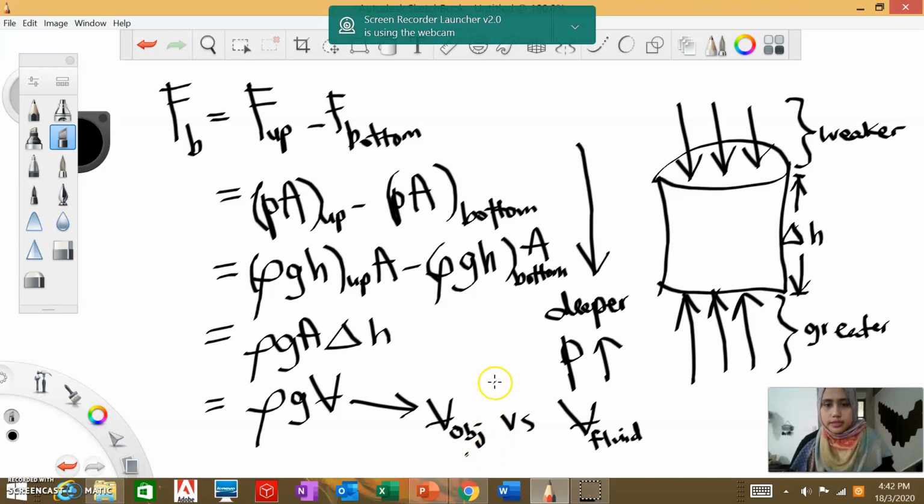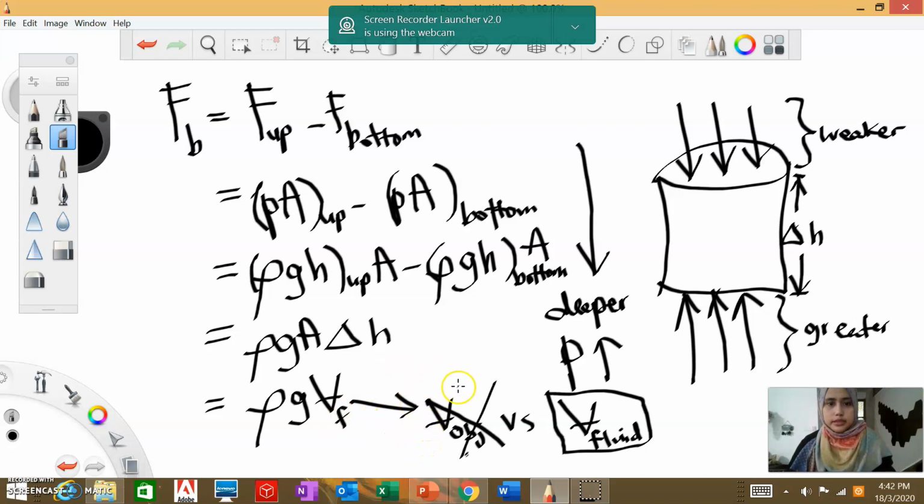Therefore, you shouldn't take the volume of the object, because sometimes the object can be partially submerged. So the volume that you should take is the volume of the fluid. All right? So you replace it with the volume of the fluid.